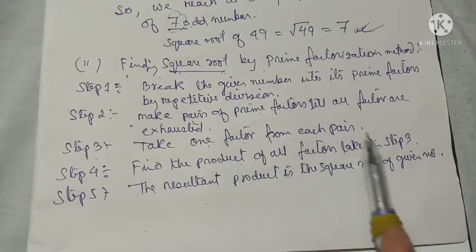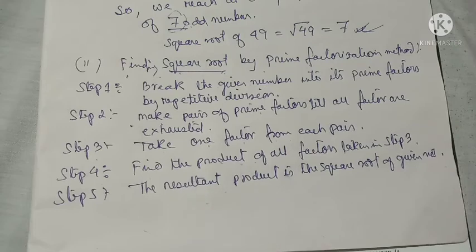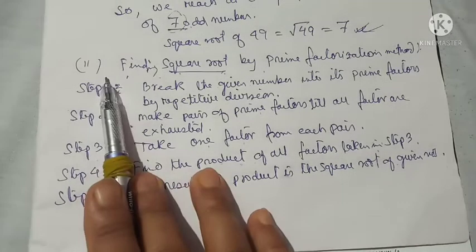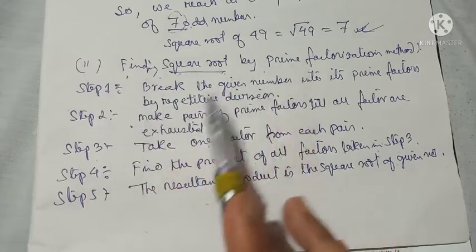All those numbers should be multiplied. Then the resultant product is the square root of the given number. So this is the second method for finding a square root, the prime factorization method.